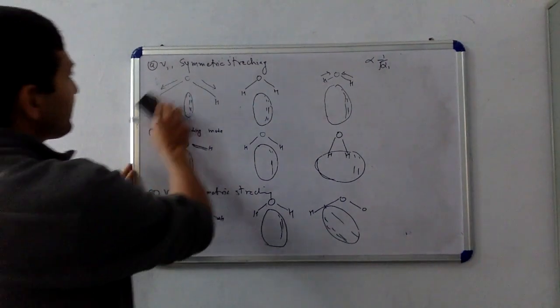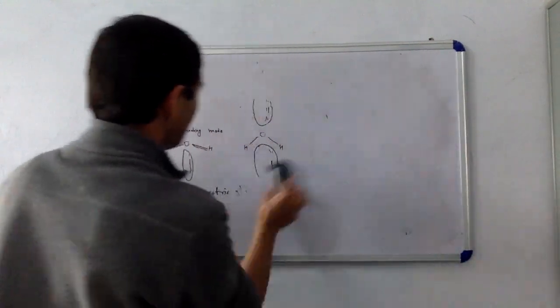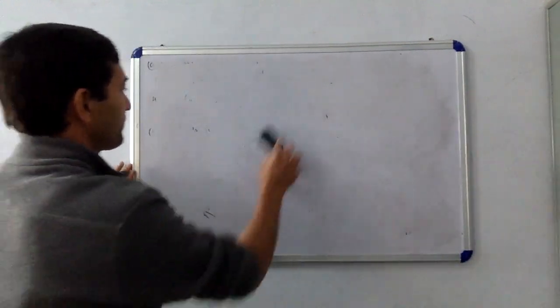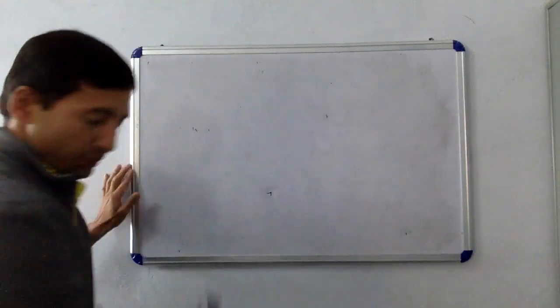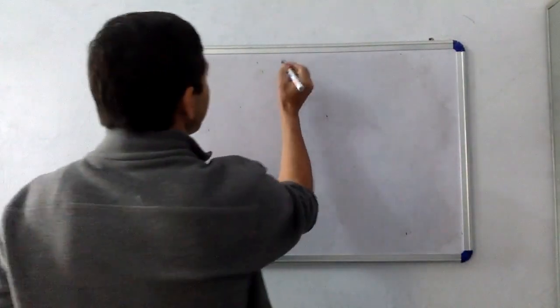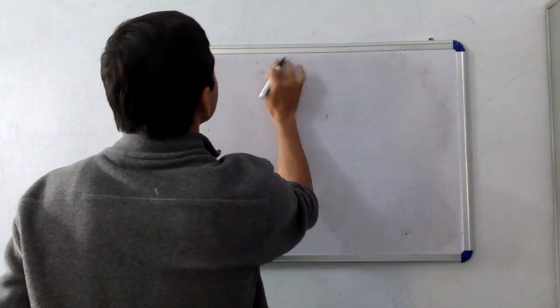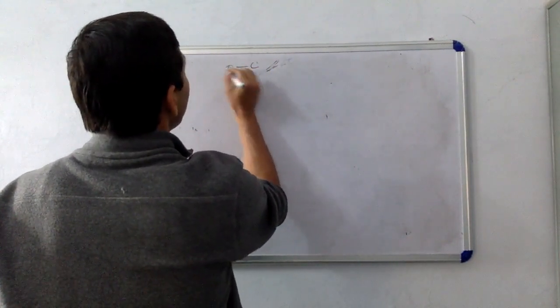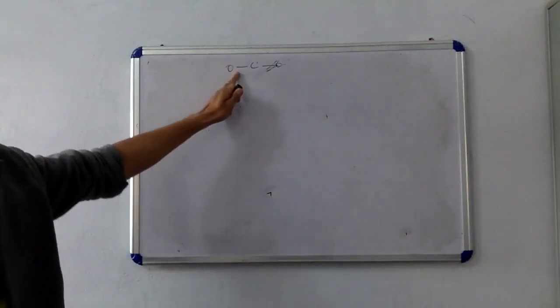Now considering another example, a linear triatomic molecule, that is CO2. Again, this is C, O and O. The center part is again representing the equilibrium position.